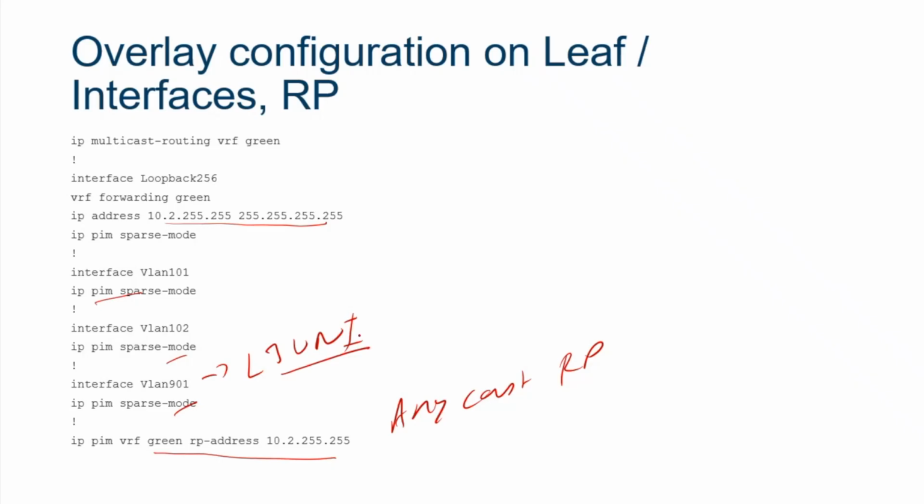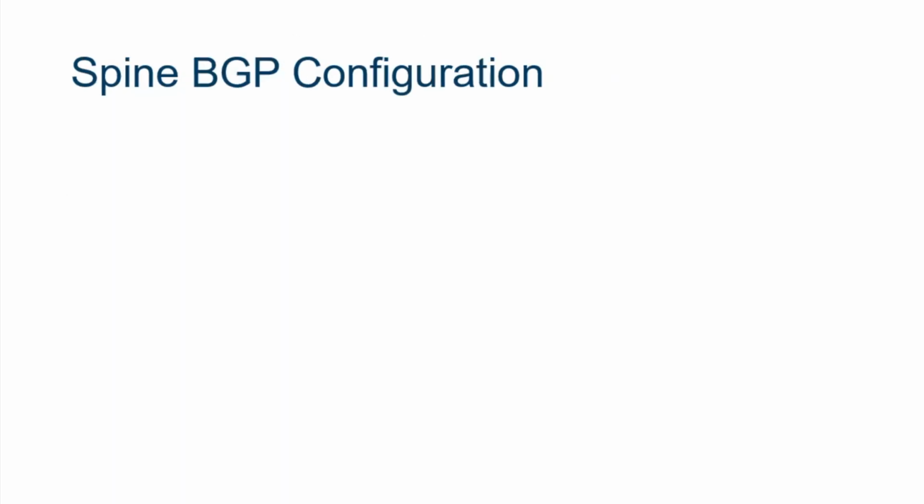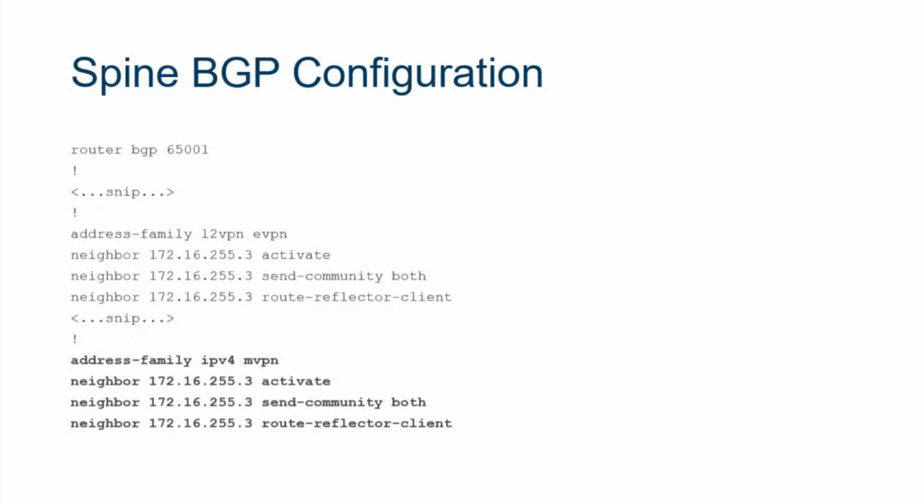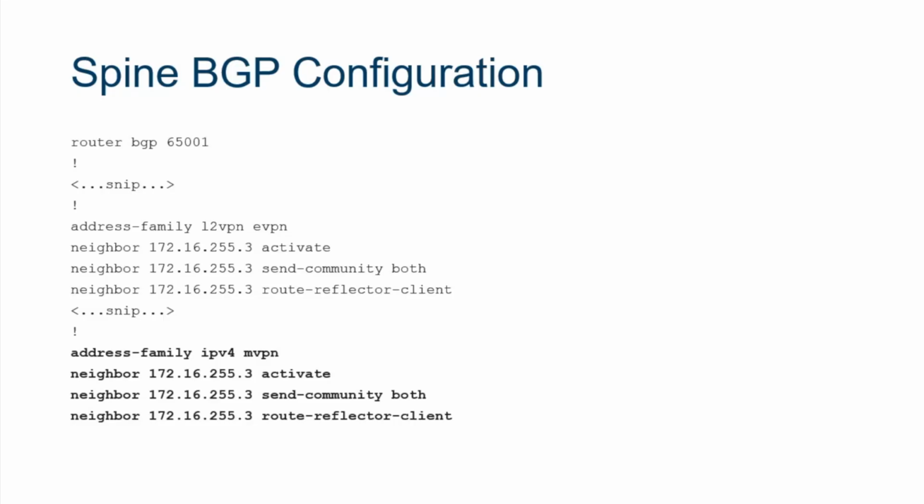I apologize if some of you are not able to understand this. This concept is related to EVPN, and this is advanced stuff that we are talking about. And then the spine configuration. Nothing changes. You only configure this route reflector client. That's it. Same MVPN address family.